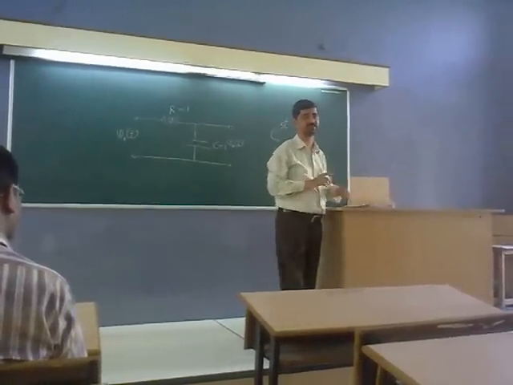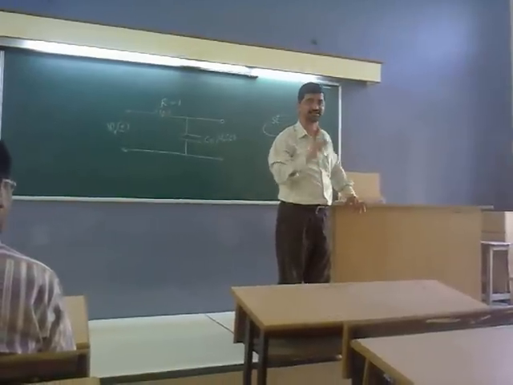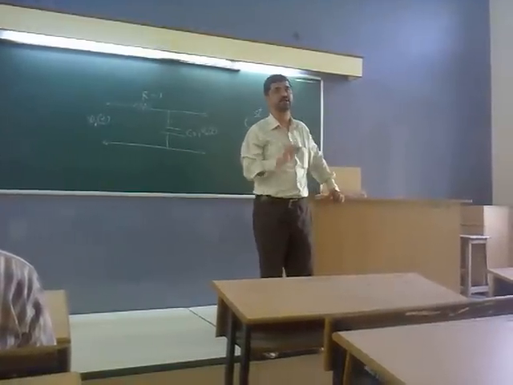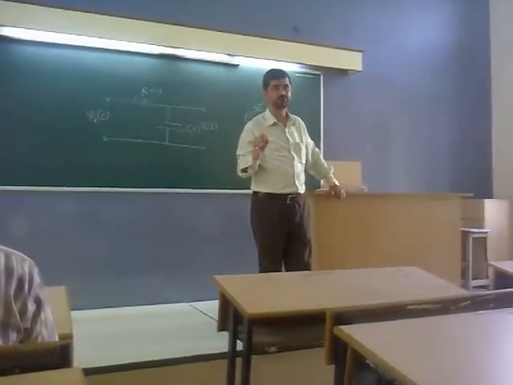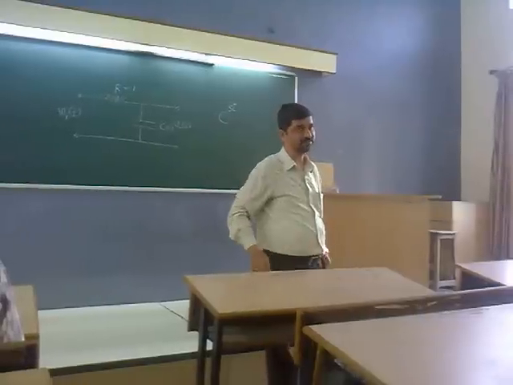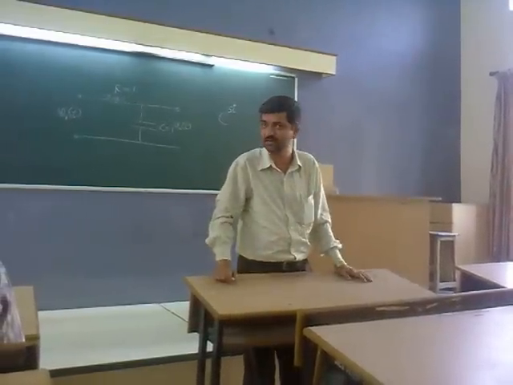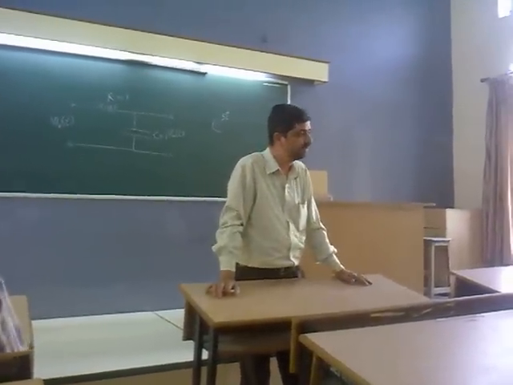It cannot be plotted on a single axis but needs to be plotted in a 2D plane. So e raised to st means I have a simple signal, say sin t or sin omega t.